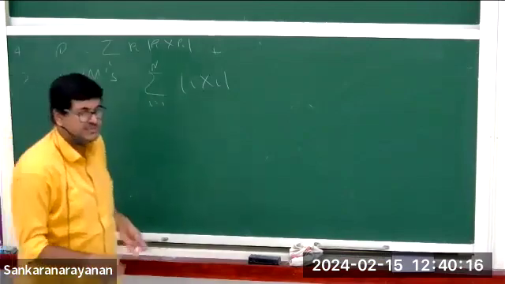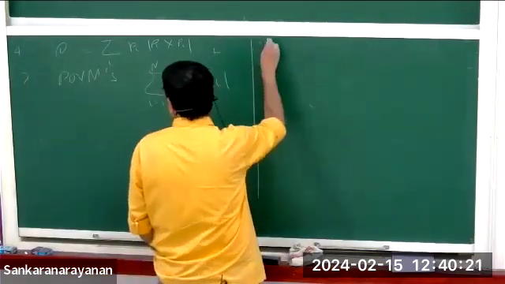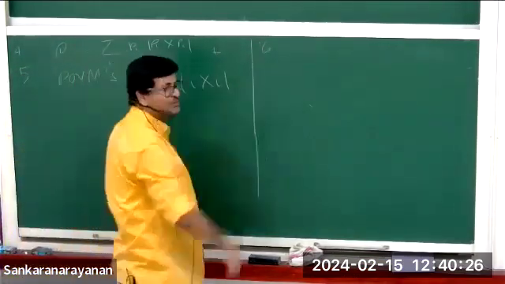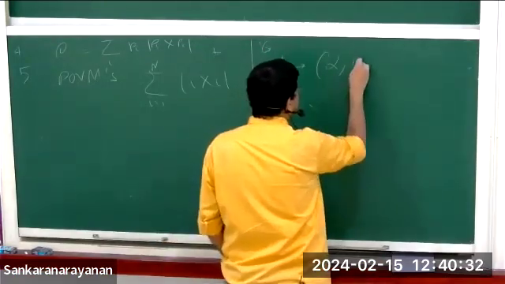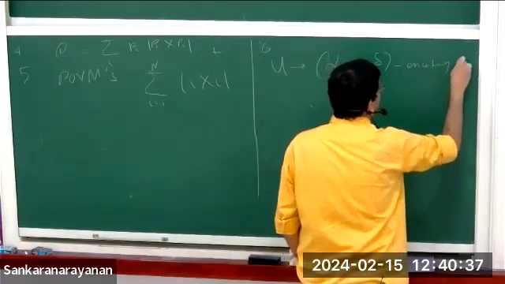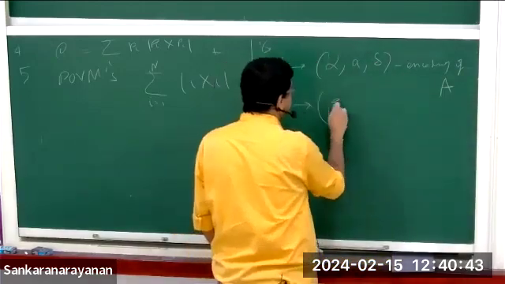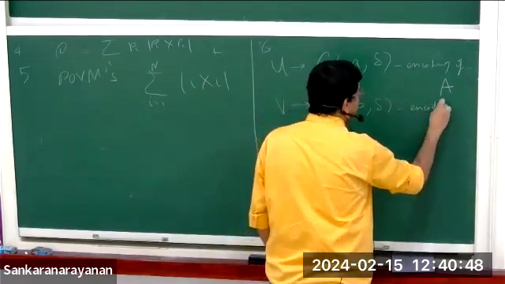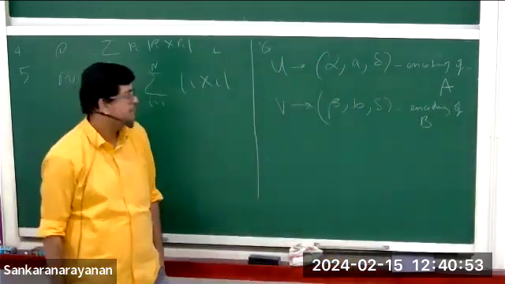But we would like to do something a little bit more exciting. I seem to have a problem writing 5 today. I'm constantly writing 2 instead of 5. So let's say U is an alpha, a, delta encoding of A, and V is a beta, b, delta encoding of B. Let's say we have this setup, right?